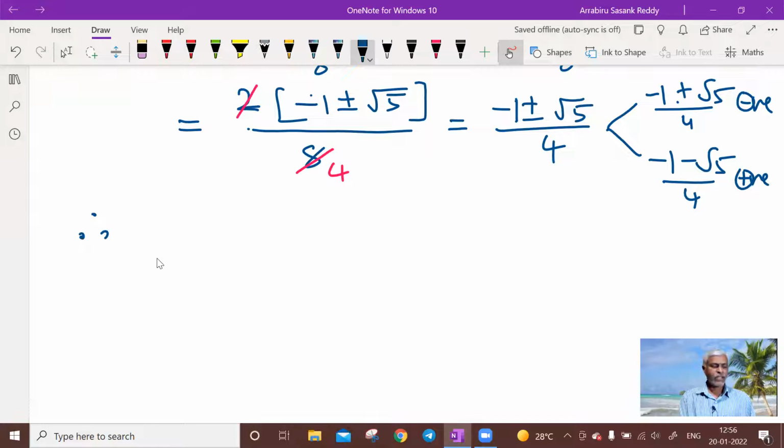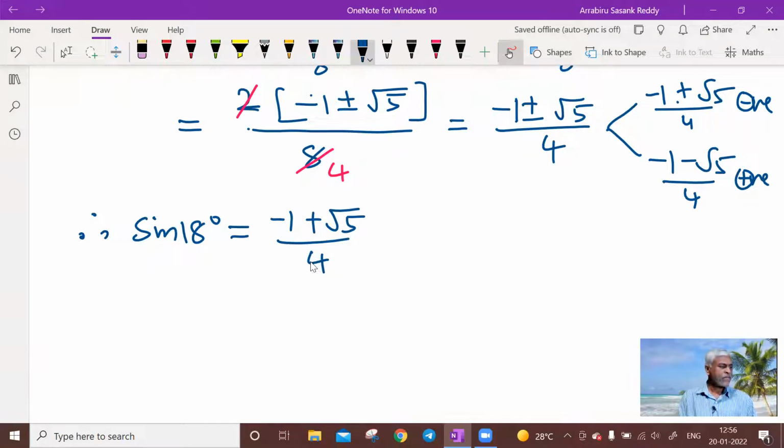Now we take only the positive value, sine 18 degrees. Sine A is sine 18. We take only the positive value, minus 1 plus root 5 by 4. Or if you write root 5 first and next to minus 1, root 5 minus 1 by 4.